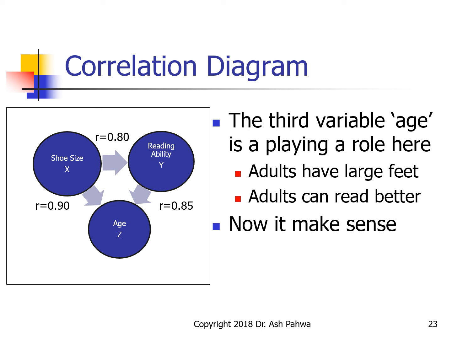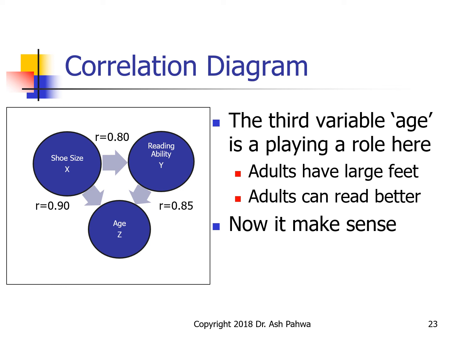So there is this third variable, which is called the lurking variable, playing a role in this model. As people grow older, their shoe size increases as well as their reading ability increases. But there is no direct relationship between shoe size and reading ability.